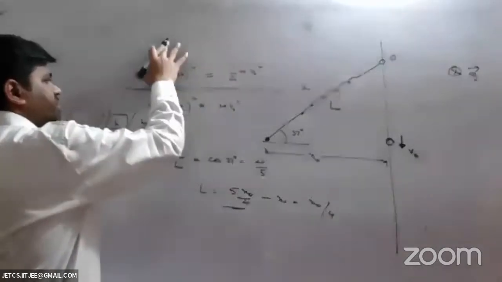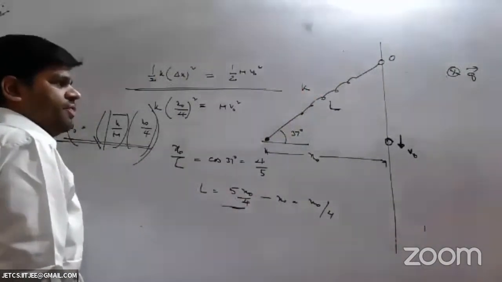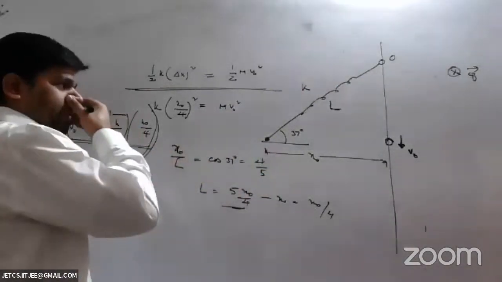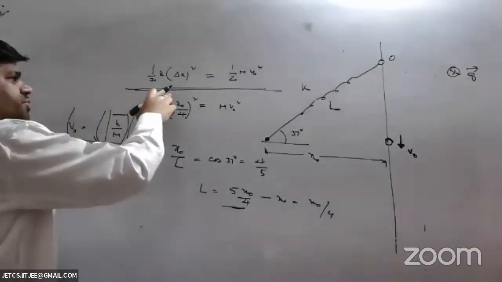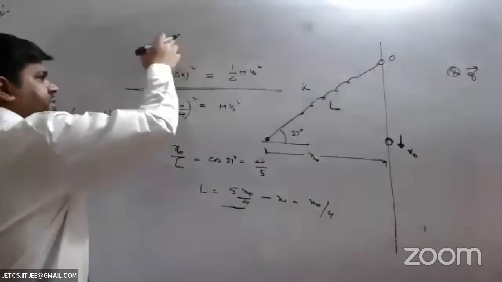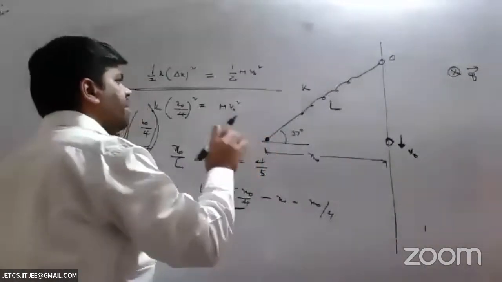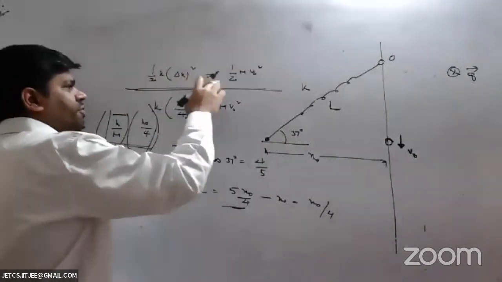Energy conservation. Initial total energy is equal to final total energy. There is no dissipation of energy anywhere, no friction, nothing. And it's in the horizontal plane. So half k delta x square is equal to half m V square. Initial total energy should be equal to final total energy because energy is conserved. Initial kinetic energy is 0.